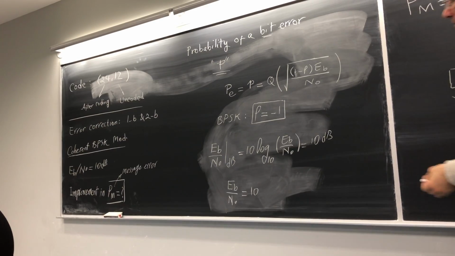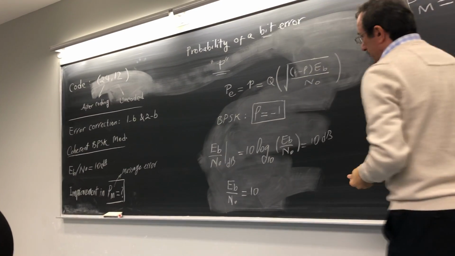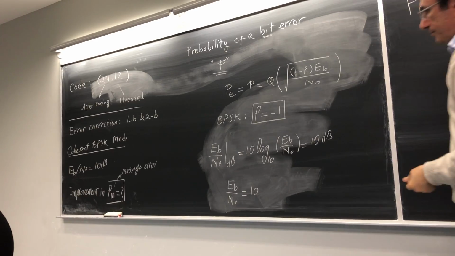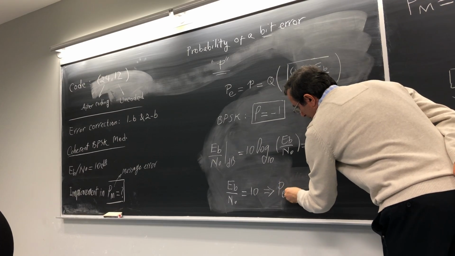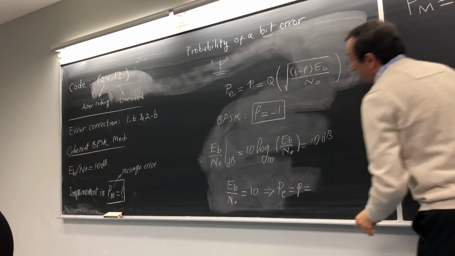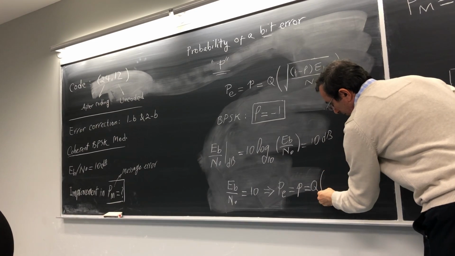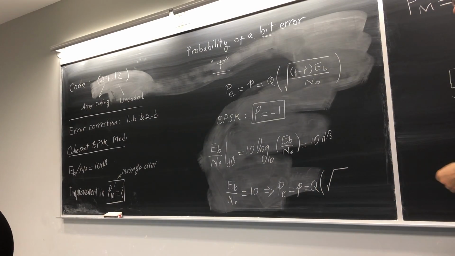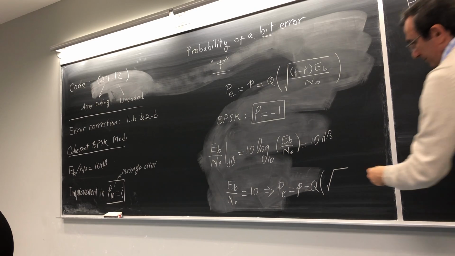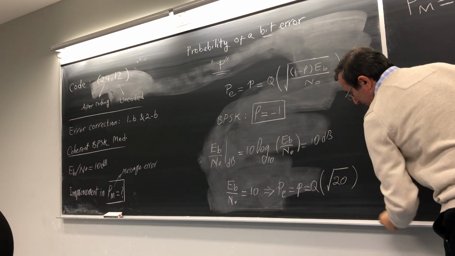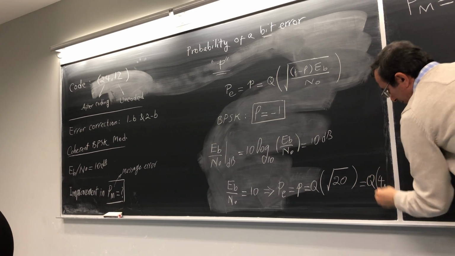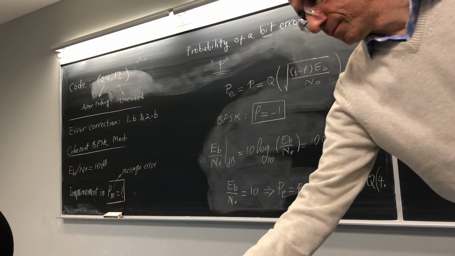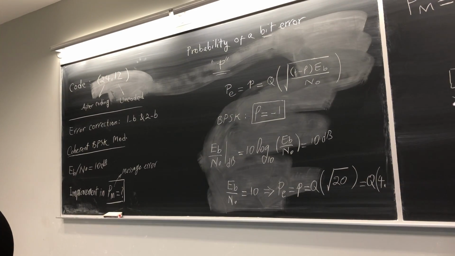So now we've got rho, we've got Eb over N naught. So the probability of this error, the lowercase p, would be equal to the Q function of the square root of 20, Q of 4.47.